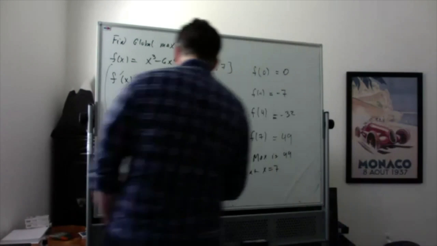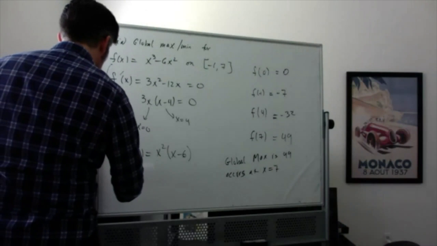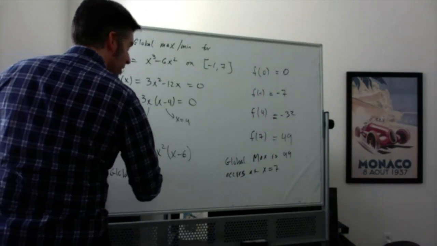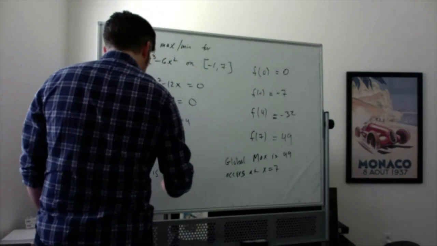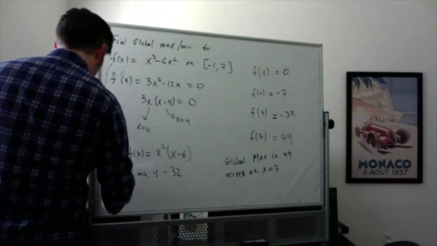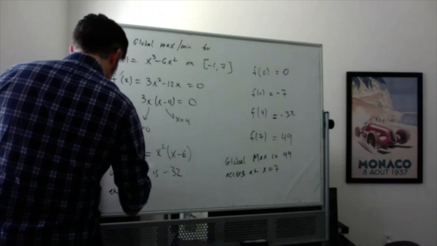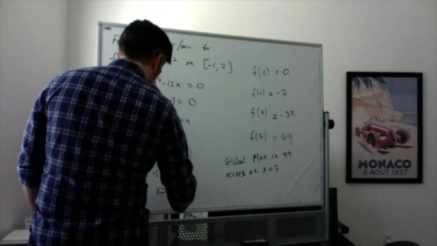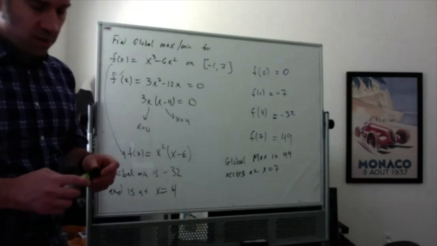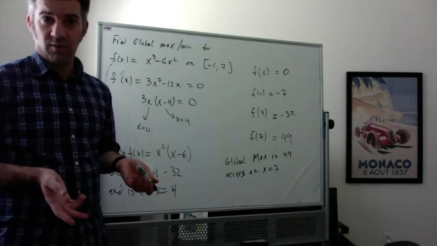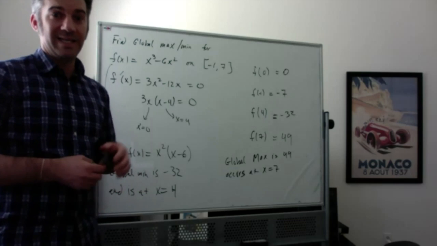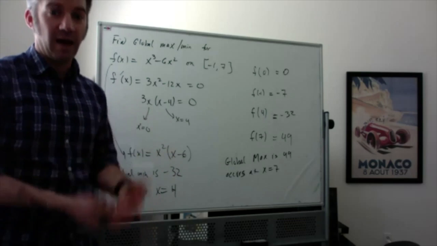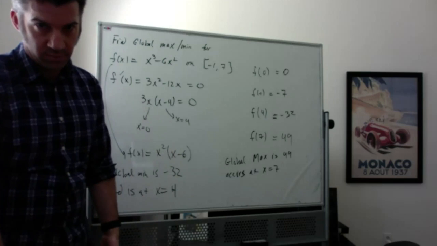In the same way, the global minimum is negative 32, and it occurs at x equal to 4. So when someone asks you where a relative or a global extrema is, it's at the x value, and there's a value of the y value.